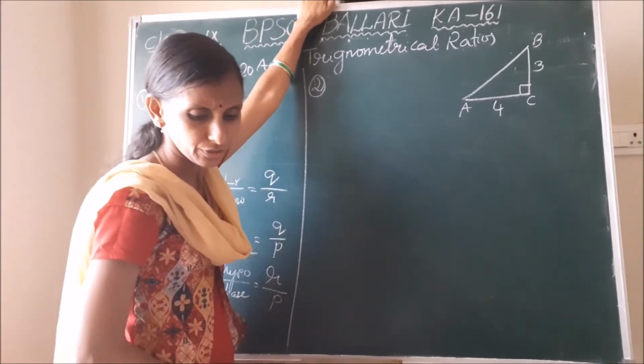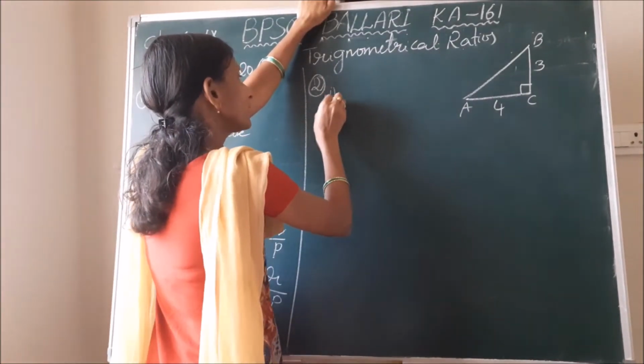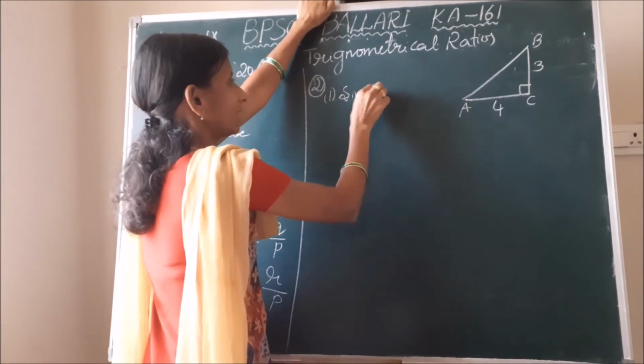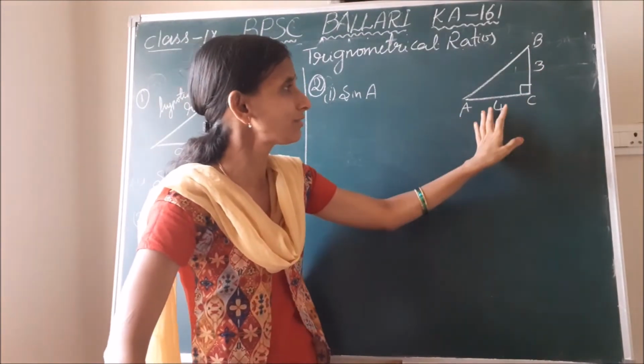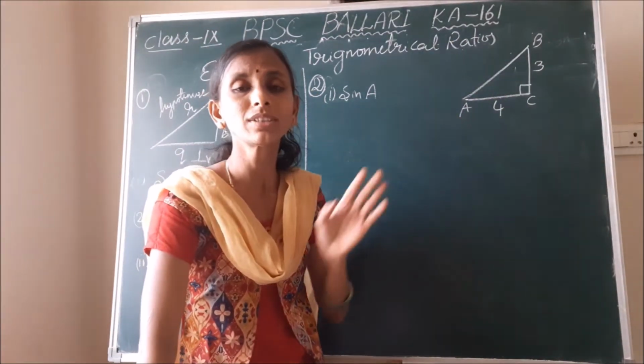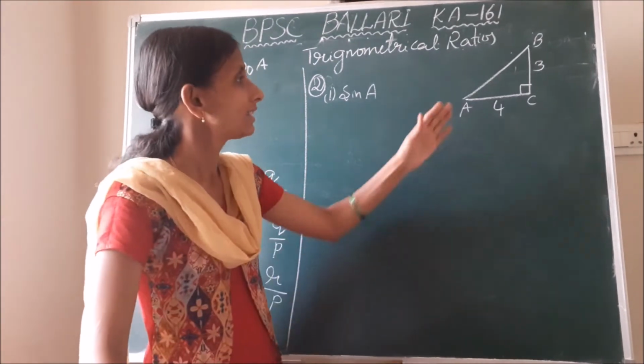Now, they asked you to find first sine A. See, here we know only two sides of this triangle. We don't know the third side. So first we need to find the third side of this triangle.